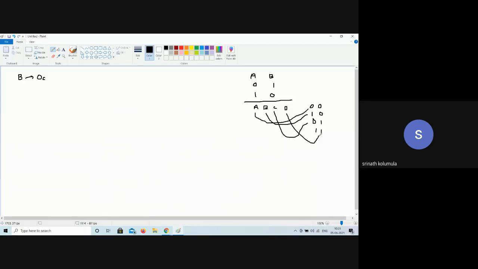Using 2 bits, I can represent 4 numbers. Now instead of students, take this A, B, C, D as numbers. The first number can be given this code, the second number this code, the third number this code, and the fourth number this code.